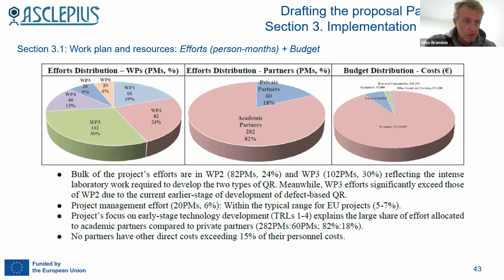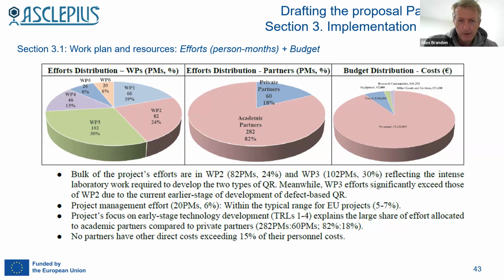Of course not, because certain tasks require more person months than others. Nevertheless, if certain scientific and technological work packages have higher person months, make sure you write a few words to explain why they are higher. That'll help defend yourself. So that's some words about efforts distribution across work packages.